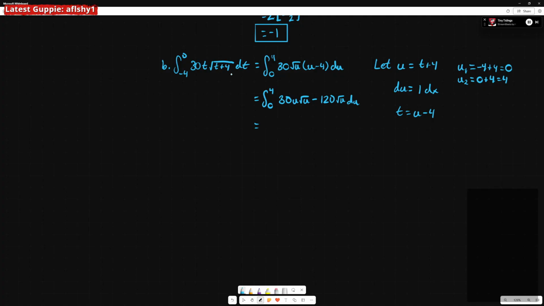Which now we can take out 30. Well, actually, I showed them this earlier to make the number smaller, because I can do that.